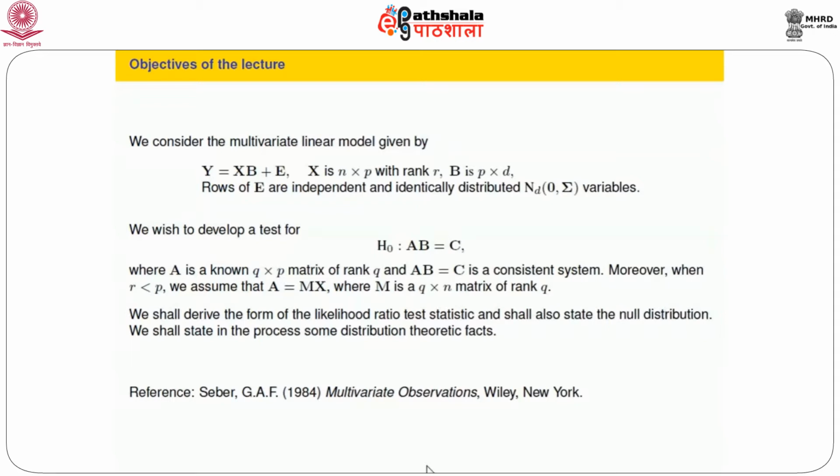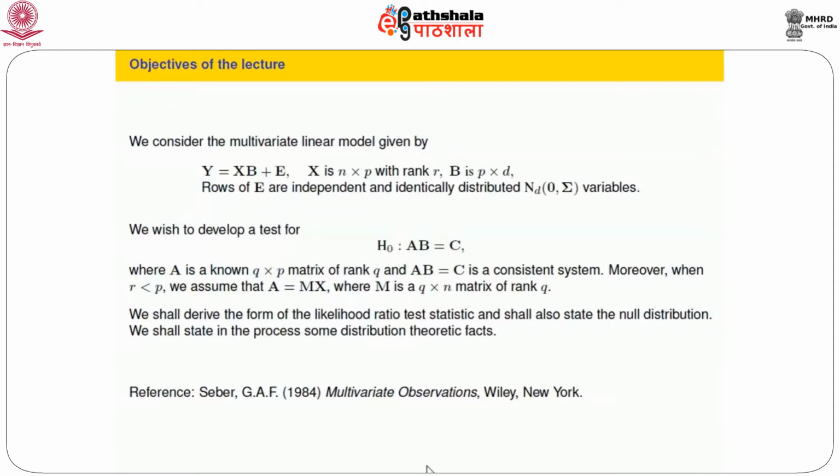Now in this lecture we wish to develop a test for AB = C, where A is a q × p matrix of full row rank and AB = C is a consistent system. Since X is not typically assumed to be a full column rank matrix, that means R is likely to be less than p, we assume A = MX.